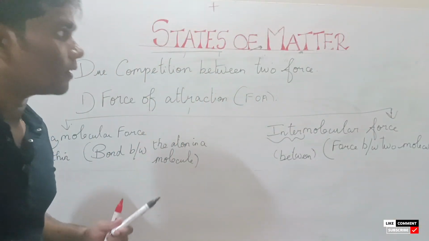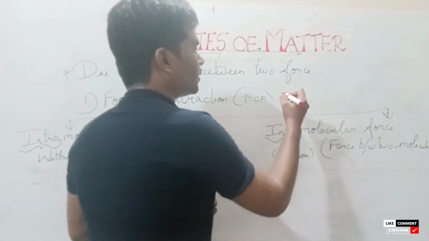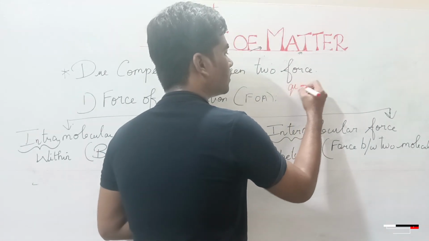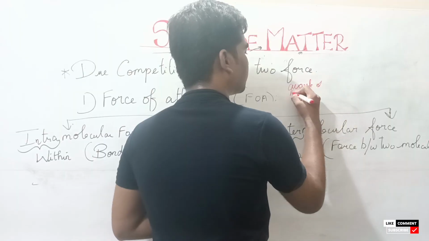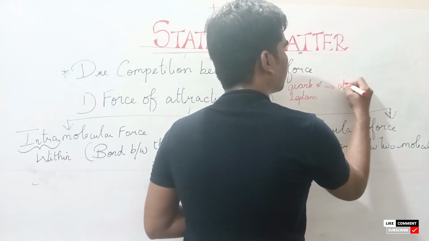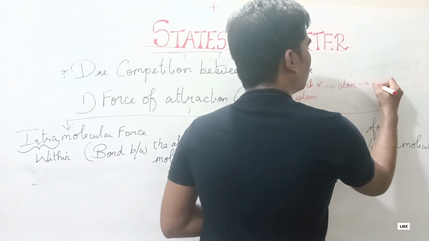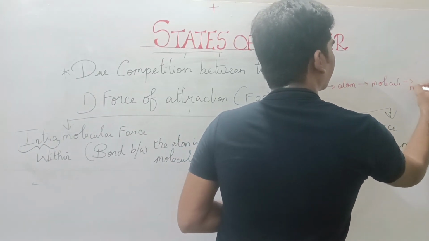If we see in the beginning itself, we saw how matter is formed. It is formed as quarks and leptons, atom, molecule and matter.